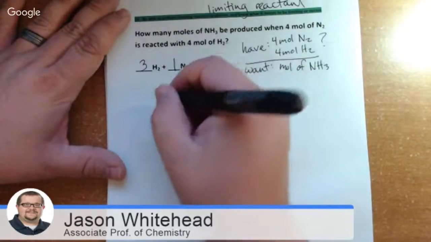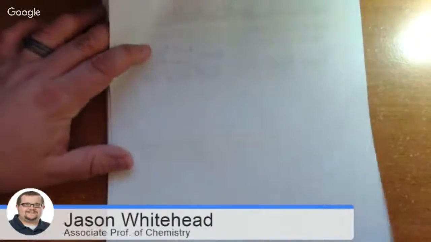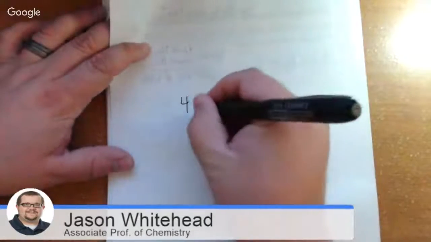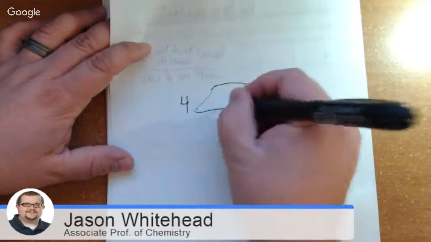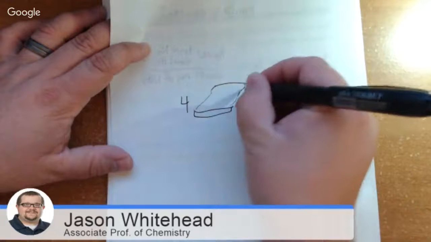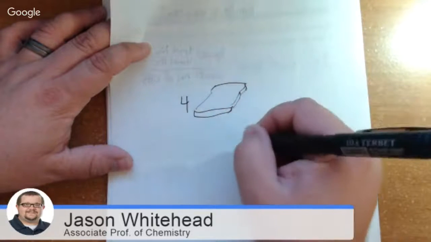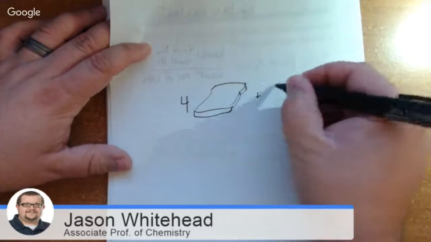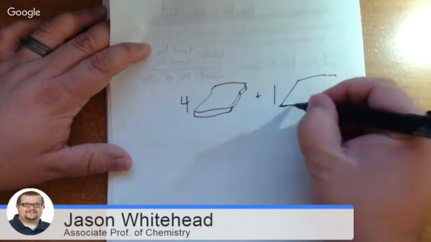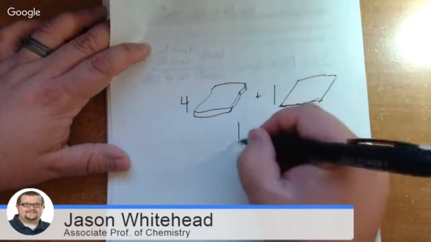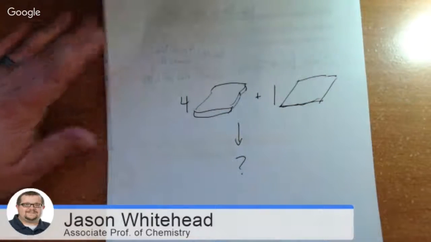If I had, let me flip this over so I'm not writing over our problem. If I had 4 slices of bread, pardon my artwork, so 4 slices of bread, and I've only got 1 slice of cheese. How many grilled cheese sandwiches could I make based on that?